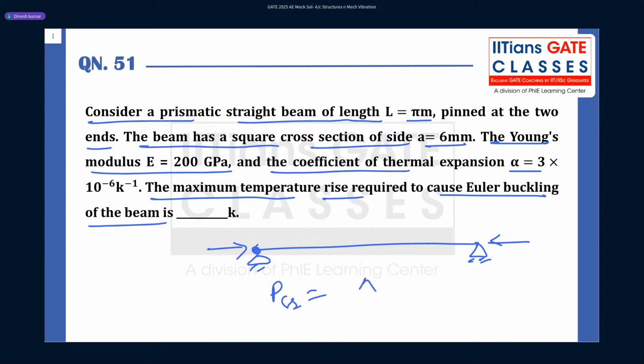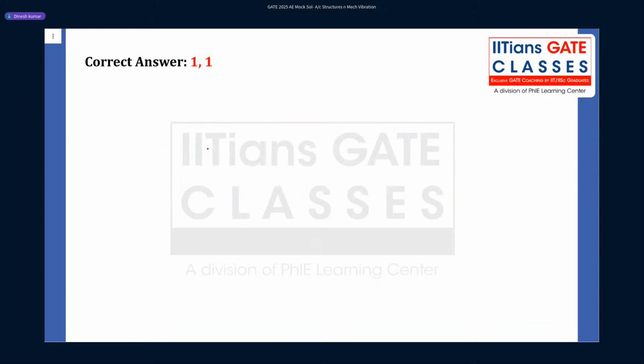P critical is given by pi square EI by L square. Now, what is sigma critical? Your sigma critical will be P critical by A. And we know thermal stress induced due to temperature is given by alpha E delta T.